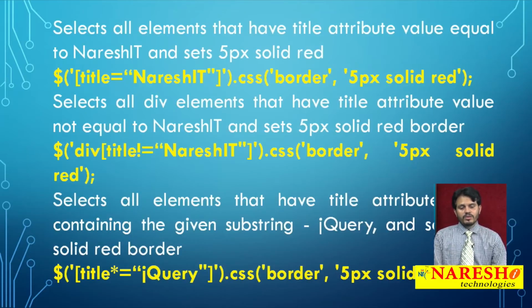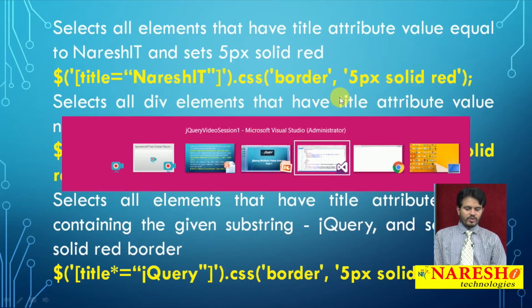All elements that have the attribute title, whose value must match Naresh IT. Only those elements get the border 5 pixel solid red. So how am I using it here: $ of title equals Naresh IT dot CSS of border. Border is the property and its value is 5 pixel solid red. So let's see how to implement this.